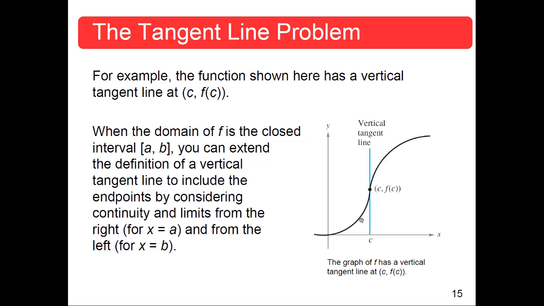So this graph to the left of C is kind of like opening upwards, like a parabola opening upwards. And then to the right of C, it's kind of opening downwards. So the concavity changes there, and in this case, we get a vertical tangent line. That's what the case is going to be if you use the limit definition and the limit ends up being either positive or negative infinity.